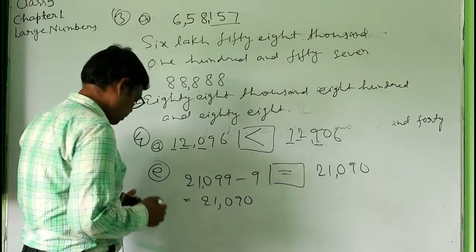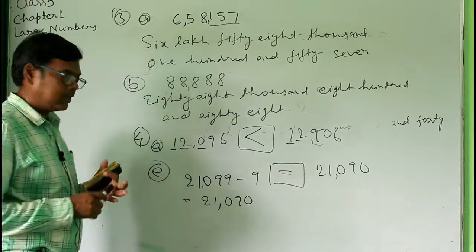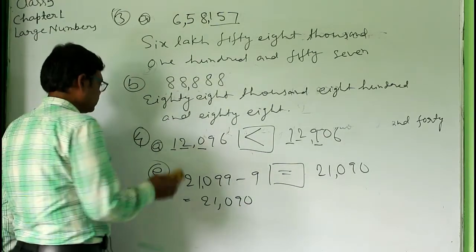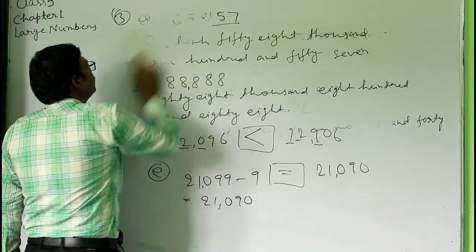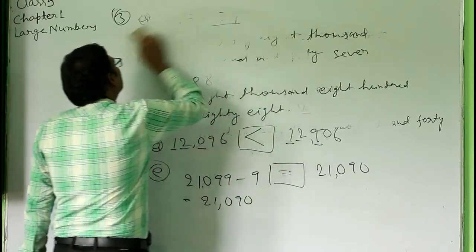So in this 5, you have to arrange the numbers in the ascending or the descending order, ascending and descending both orders.